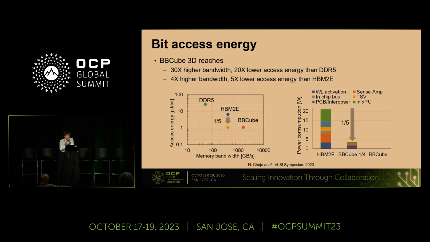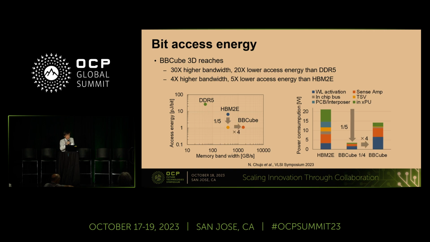The breakdown of the bit access energy is shown here. For ease of comparison, BBCube is assumed to have the same bandwidth as HBM2E. The fine-grained DRAM design gives BBCube low access energy, but more notably, data transmission energy becomes extremely low compared with HBM2E.